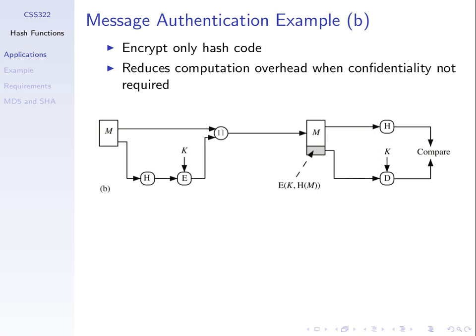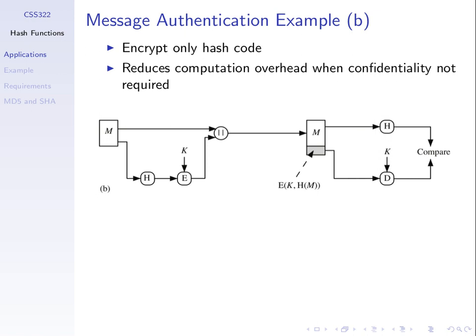Malicious user receives the message, modifies the message to M prime. They take this portion and do not modify it. They send it as is. That is, we send E, or the encryption, using key K of H of M. Remember, the message, for example, is 10,000 bits in length, plus another 100 bits at the end.